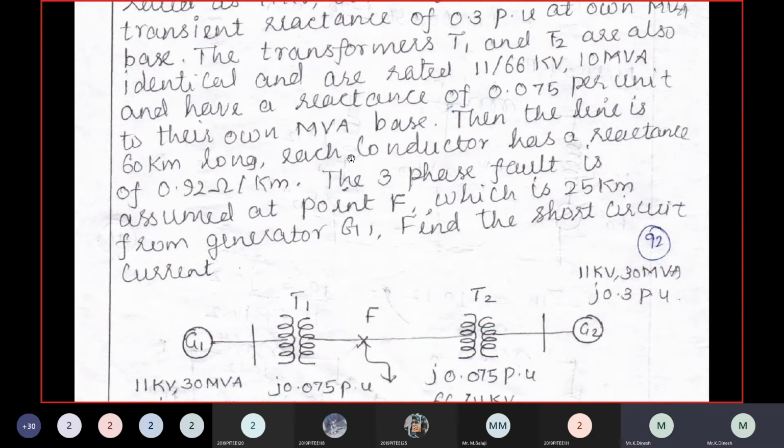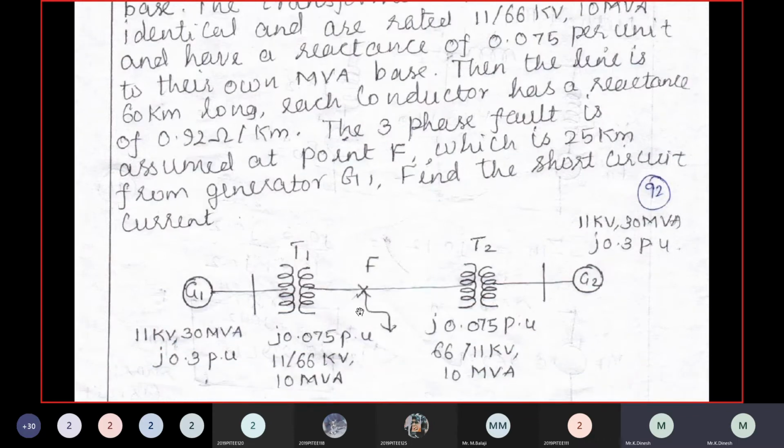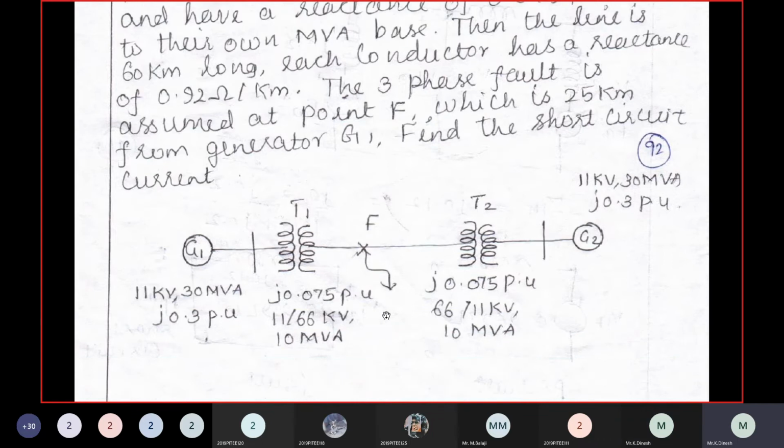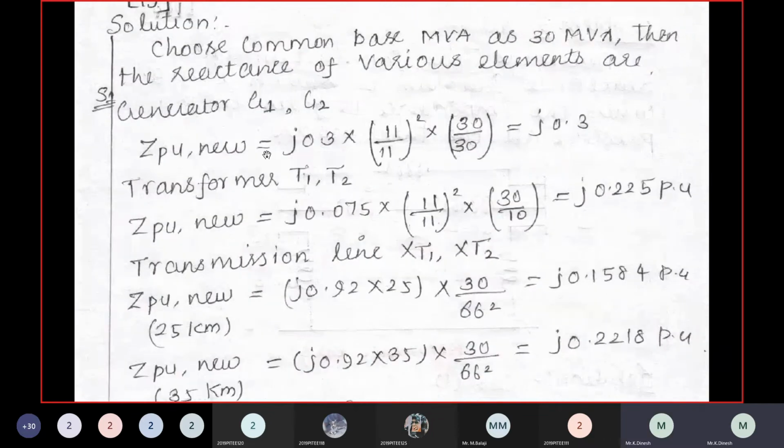The three phase fault is at the point F, which is 25 km from generator 1. So from generator 1, at the 25th kilometer I have the faulted terminal. At this faulted point you have to find the short circuit current. First I convert the actual values into per unit values by performing per unit analysis.